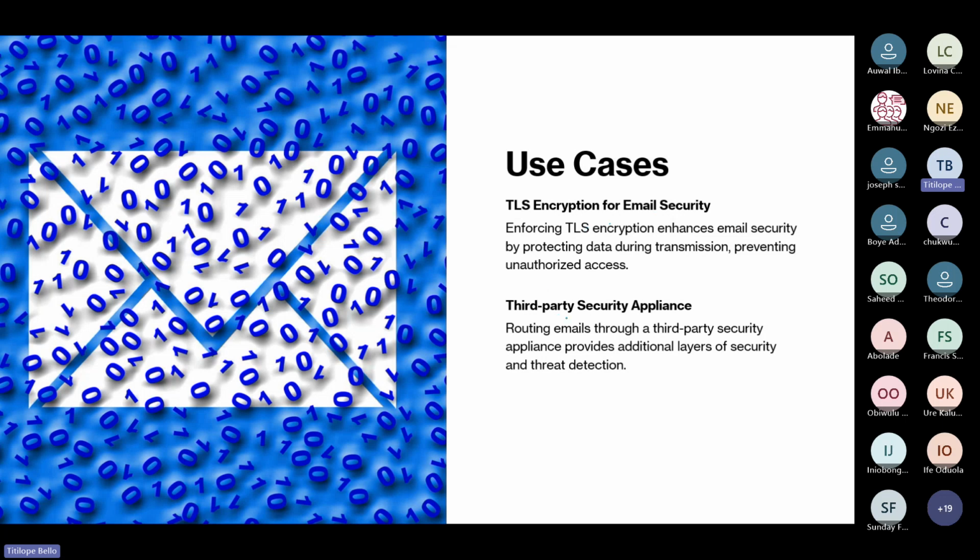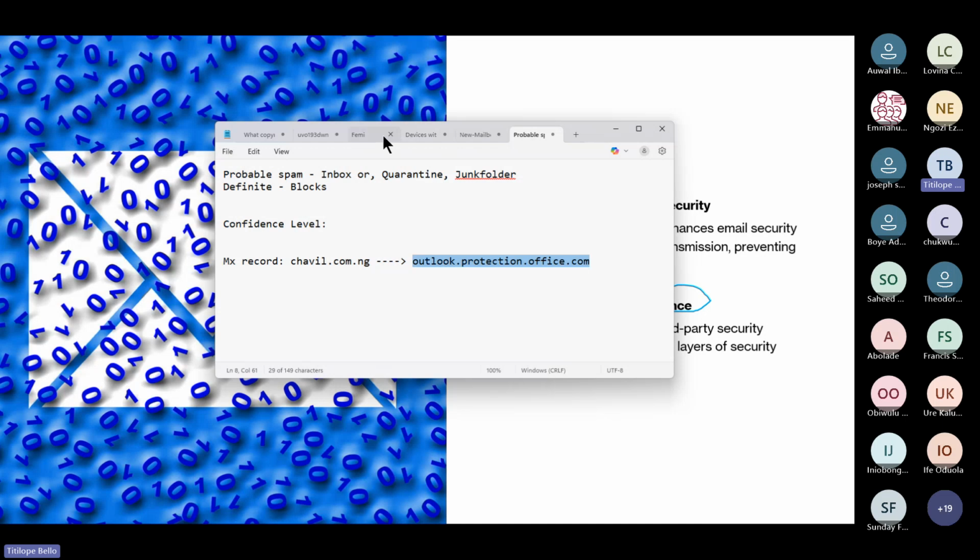Or you have a requirement for a third-party security appliance. What do we mean? There can be a need for an organization to say, apart from Exchange Online Protection, I want another layer of security for my email.